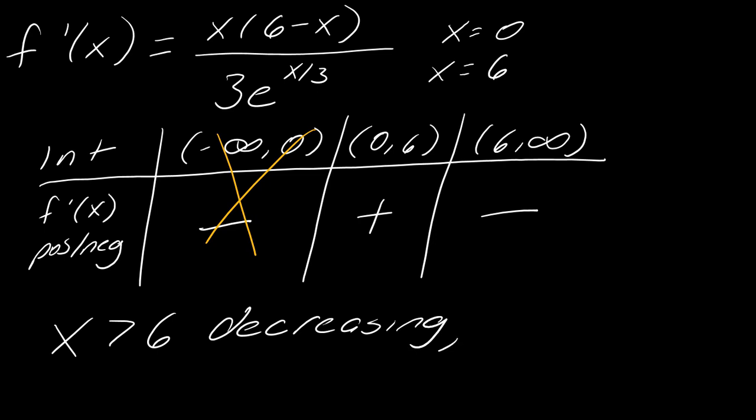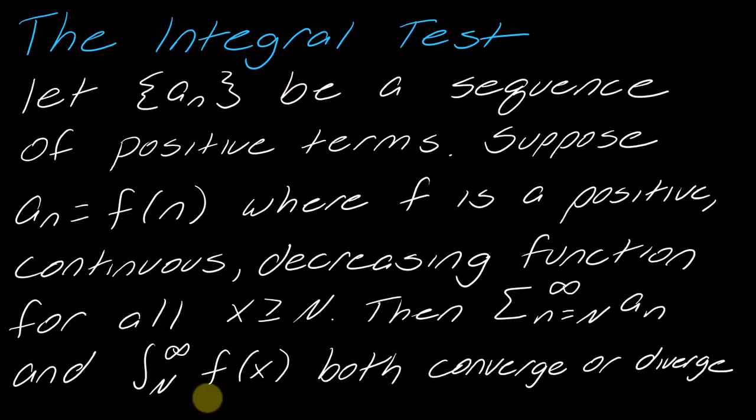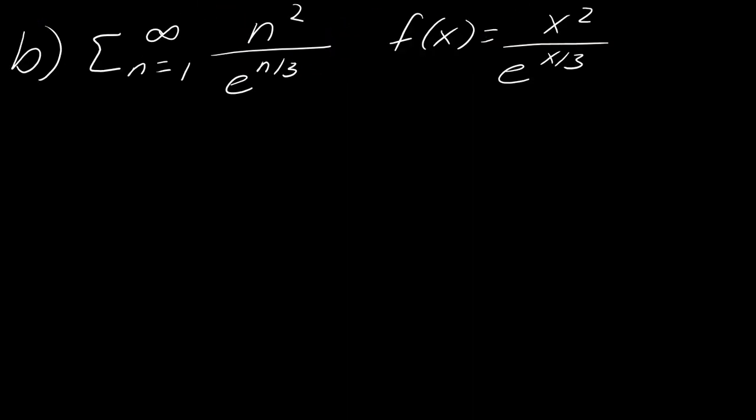So if I want to know at what integer it is definitely decreasing, for x's greater than or equal to 7. Okay, this matters because if we go back to the integral test, this is where we have to start our integral, at 7. All right, let's go back to the original problem. And now I can go ahead and evaluate this integral from 7 to infinity.